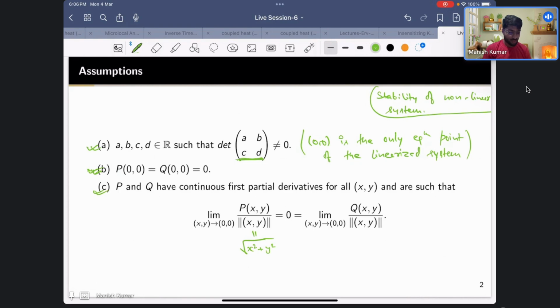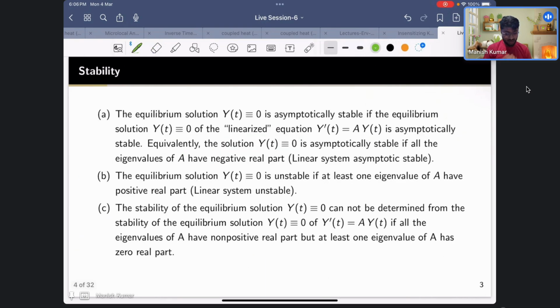These assumptions are the ones we saw when we were studying the stability of the nonlinear system. Similar assumptions were there as well. Under these assumptions, these are the results we have seen for stability. Here we are talking about the zero equilibrium point.